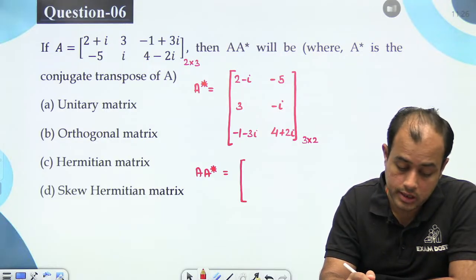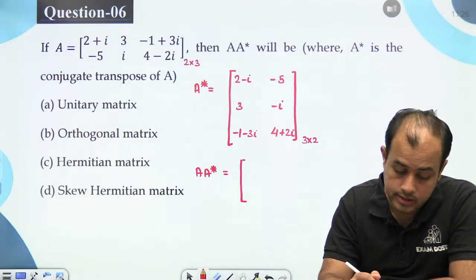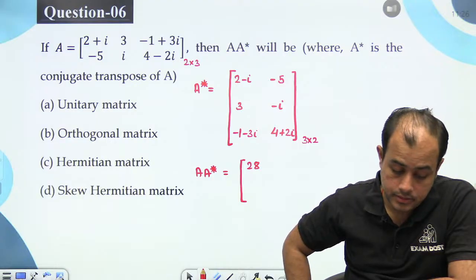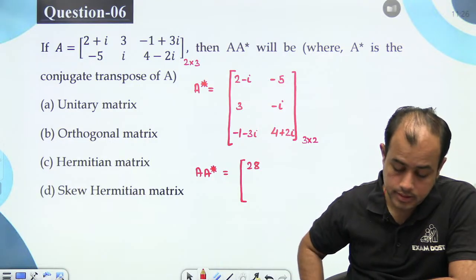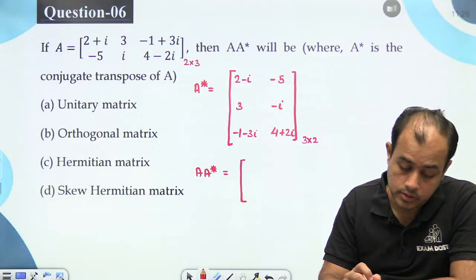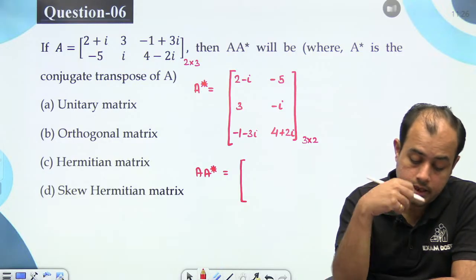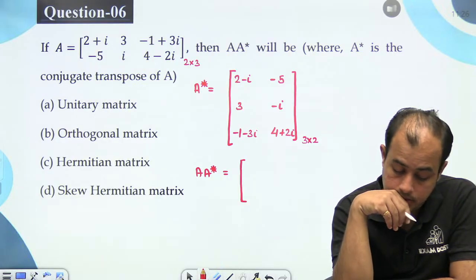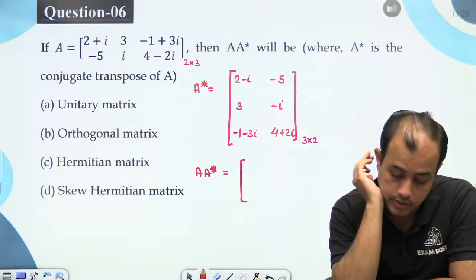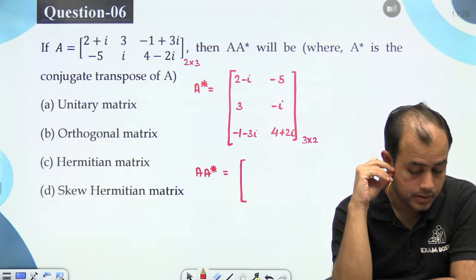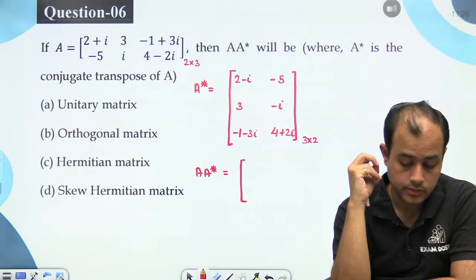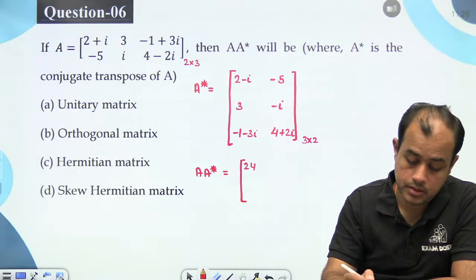First row into first column. 4 minus 1, 3. 3 and 9 are 12. 2, 4 minus 1, 3. 4 plus 1, 5. 5 or 9, 14. 14 or 10, 24. Okay.